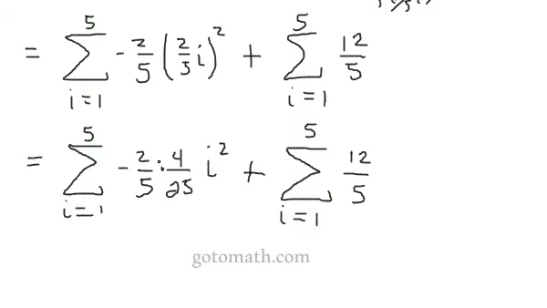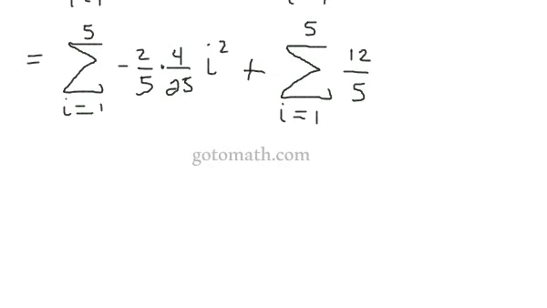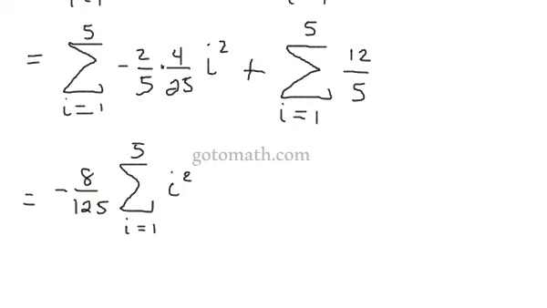We can go ahead and take this 8 over 125 and bring it out in front, so negative 8 over 125 times the sum from i equals 1 to 5 of i squared.